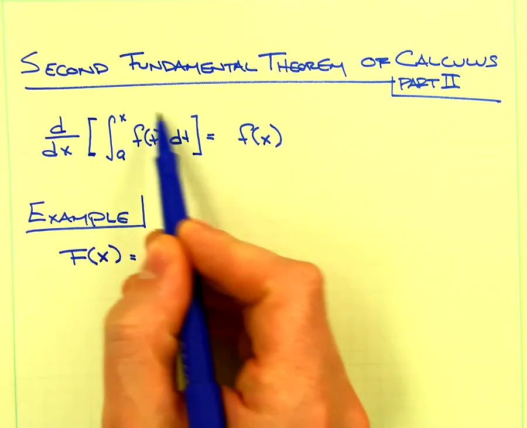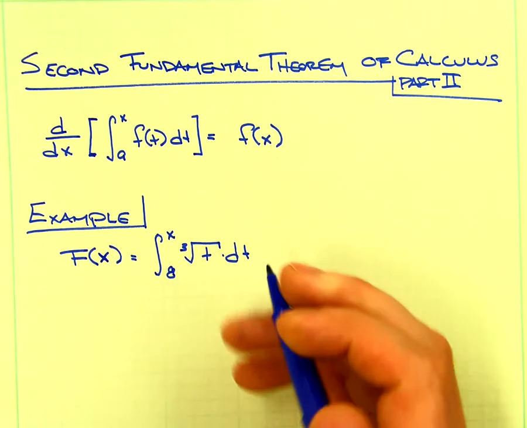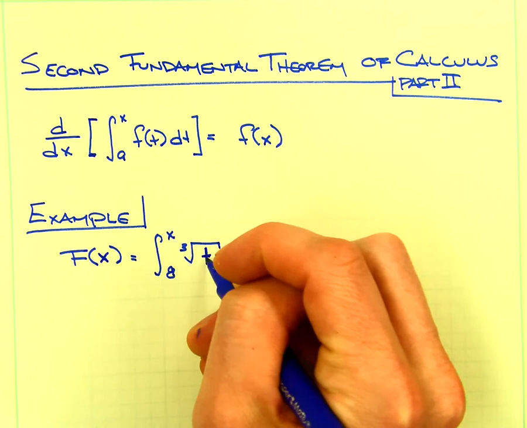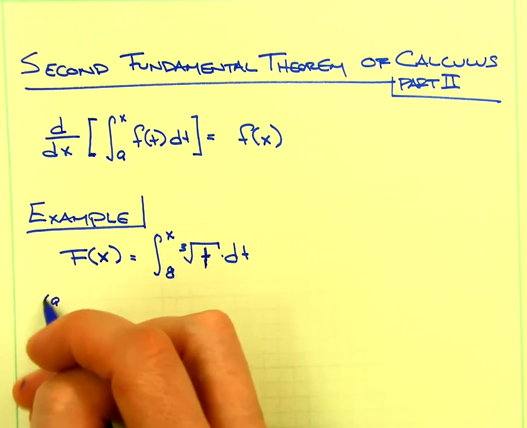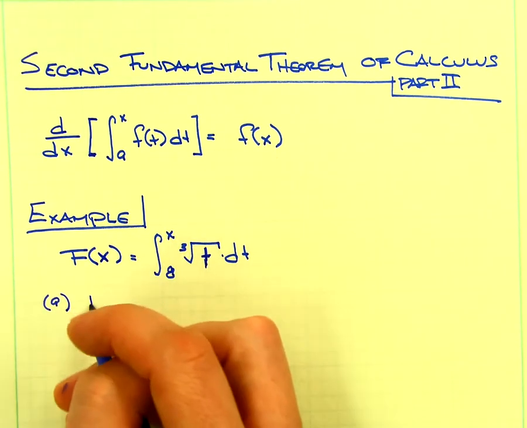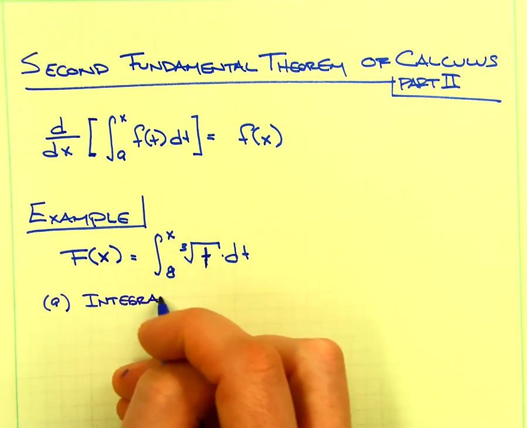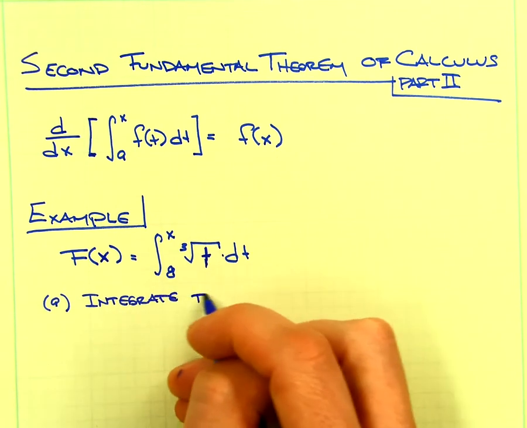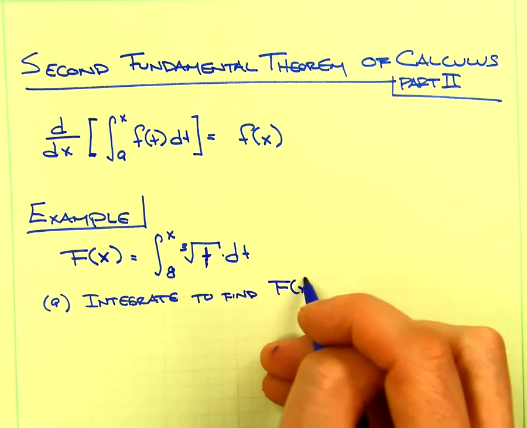The derivative of capital F of x is just going to be equal to little f of x, which is what our original function is, with the t replaced as an x. Okay, so for part A, we're just integrating to find capital F of x.